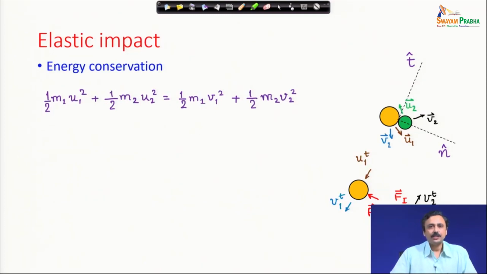Then we have the energy conservation. Remember u1 has two components, u1 normal and u1 tangential.